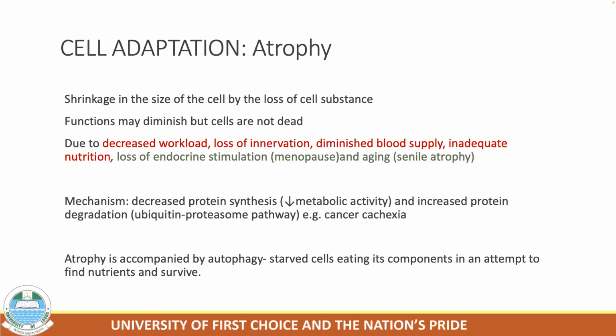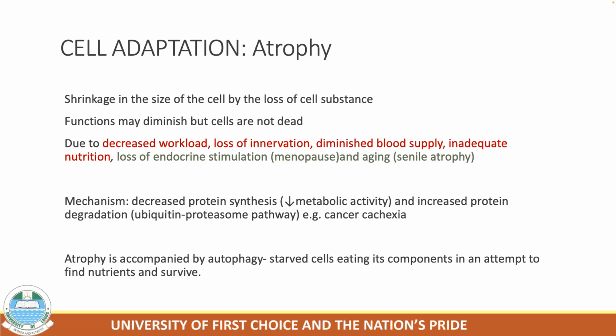Inadequate nutrition is also an important process leading to atrophy, and it's also part of the entire milieu seen in starvation, right? There's also loss of endocrine stimulation, which happens at menopause, leading to cells atrophying, right? And another part is aging as well.